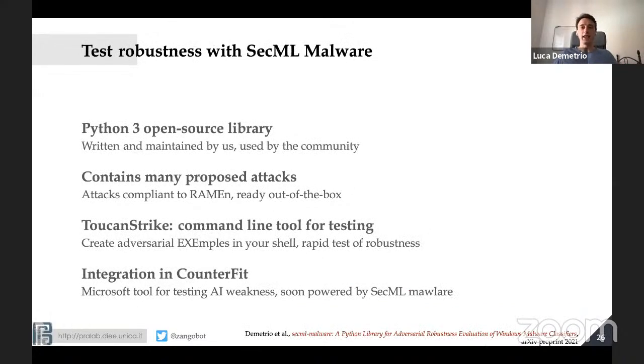Okay, so I hope I convinced you that you can basically use our framework to encode both black box gradient-free and white box gradient-based attacks. Then, a natural question will be, yes, but what do I have to do in practice? Well, in practice, you can test the robustness of your solutions with our library, that is SecML Malware.